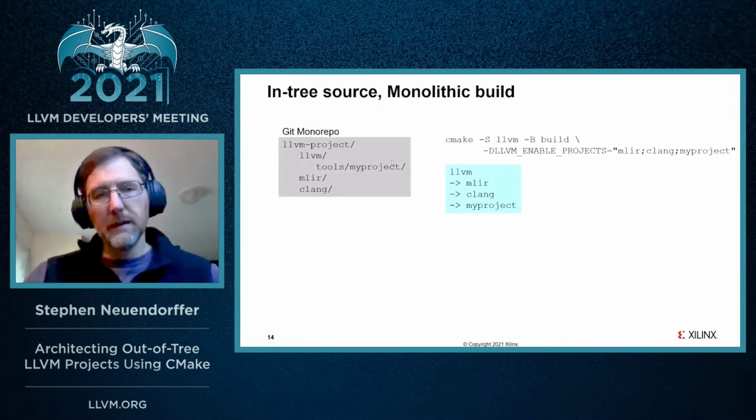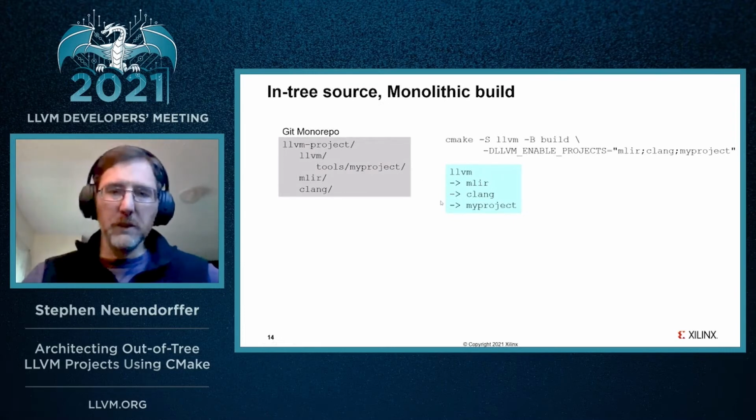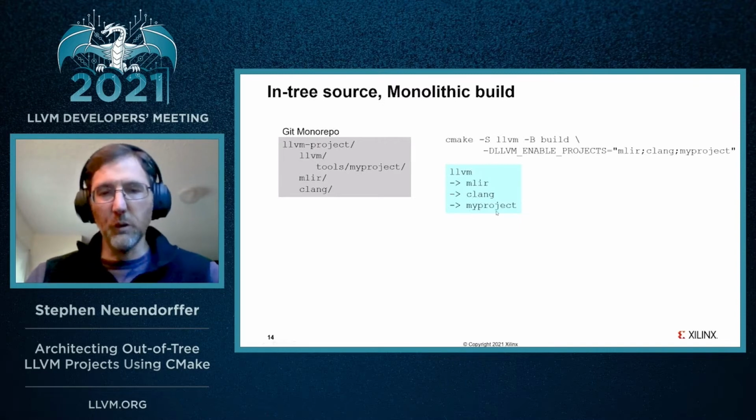When we build, we end up with a build hierarchy that's actually a little bit different from the original source hierarchy, because CMake's view of the directory structure is a little bit different. In this case, we're pointing CMake at LLVM as the top level of our build hierarchy, and all of the LLVM projects exist at the next level of build hierarchy, like MLIR and Clang and your project.